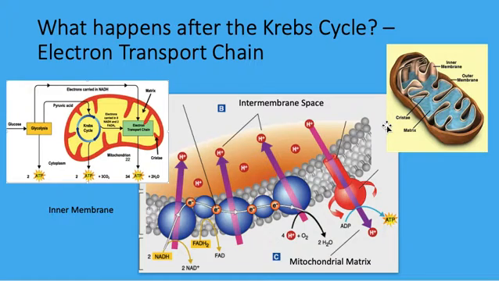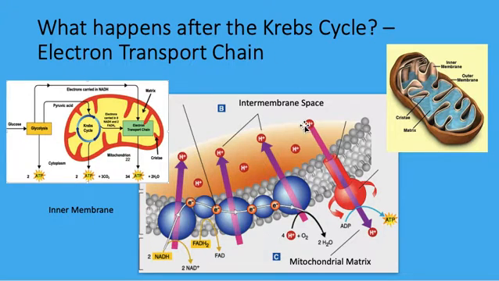The point of the electron transport chain is to use high energy electrons found in NADH and FADH2, which we got from the Krebs cycle. The goal is to use these electrons to move hydrogen ions into the inner membrane space, building up a high concentration gradient.